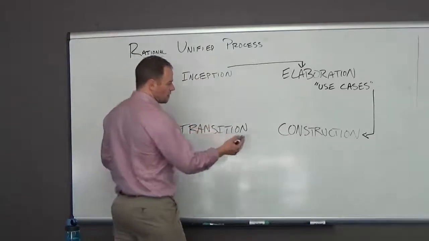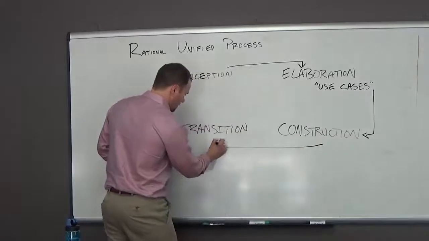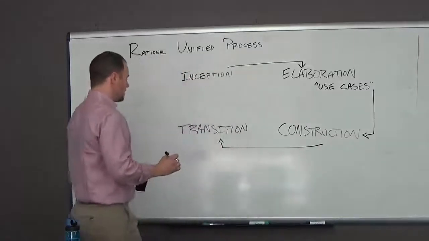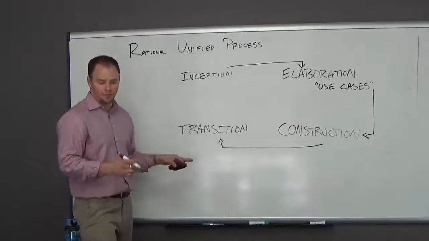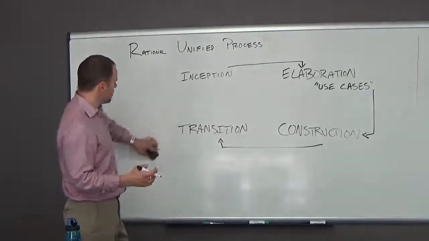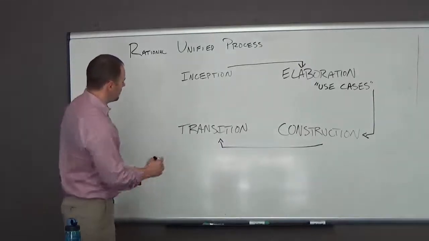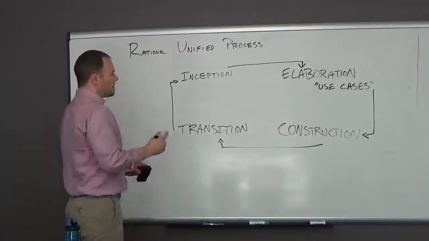And then after we develop or construct our system, we go over here and we transition it. So this is sort of final testing. We do our final testing on things. User acceptance testing, UAT, and then we go from here into the inception phase again.